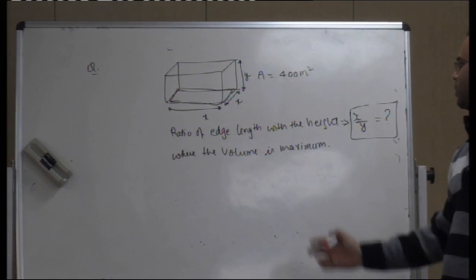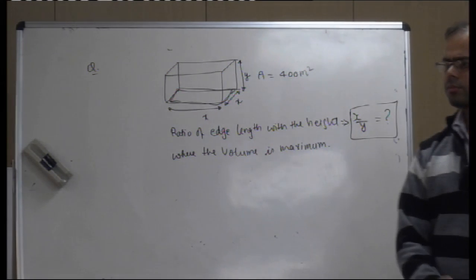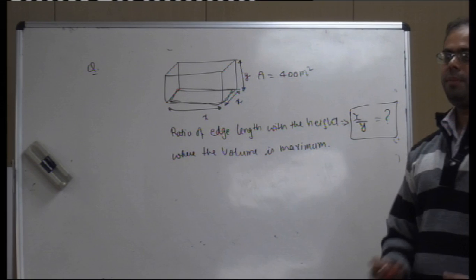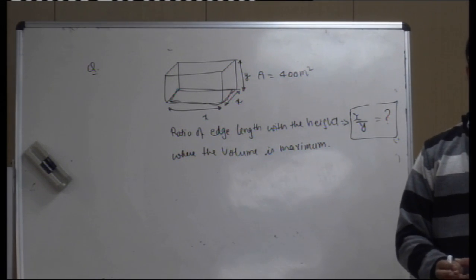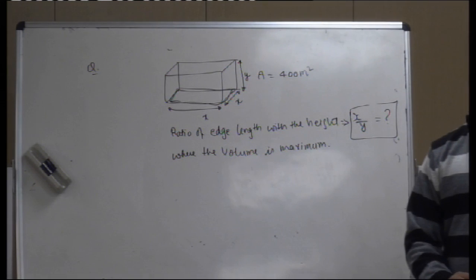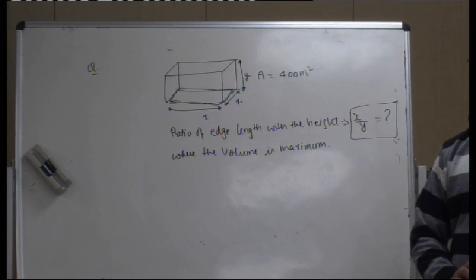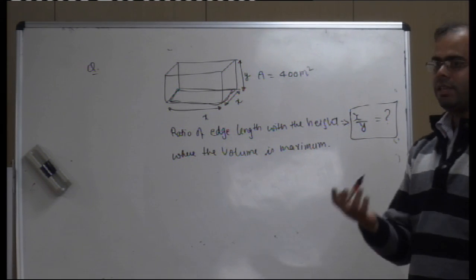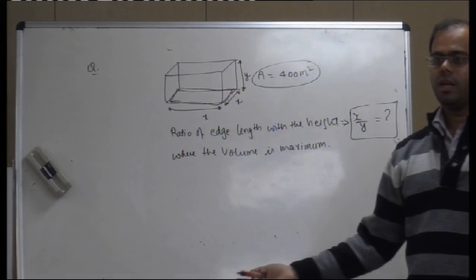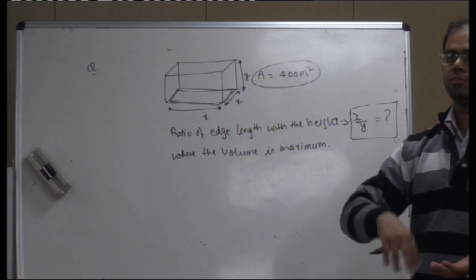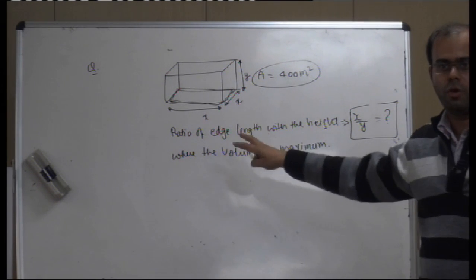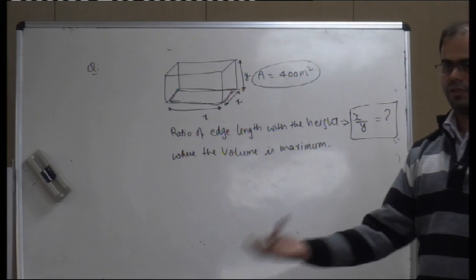Here you have to maximize the volume of this container. When the volume has more than one variable, you use the condition already given in the question to express one variable in terms of another, put that in the volume, and then differentiate it simply.